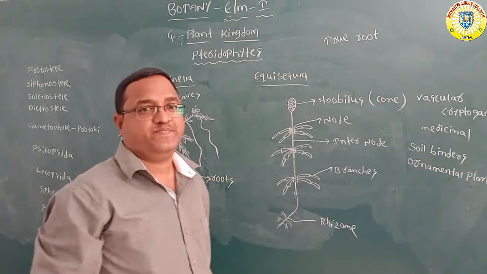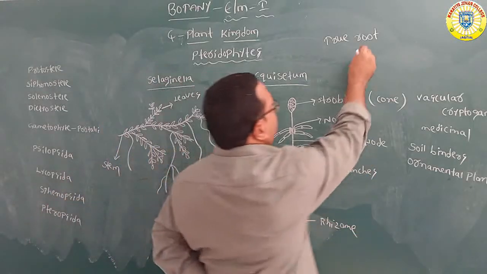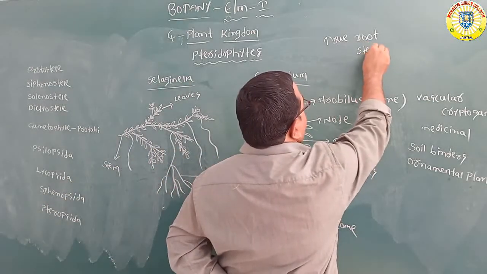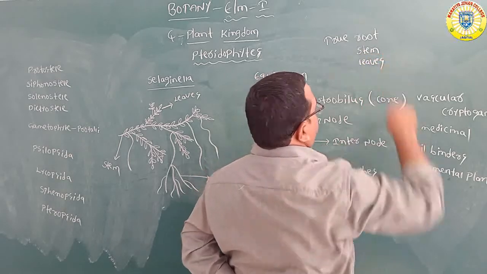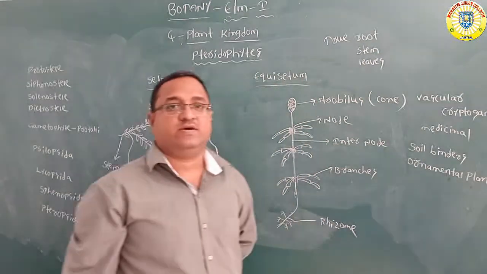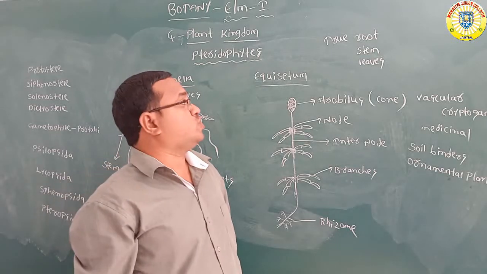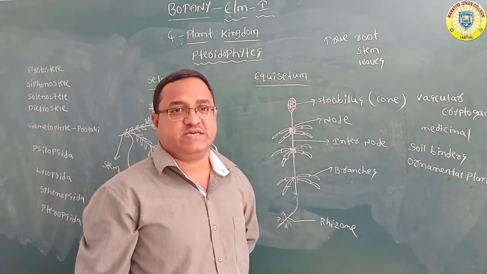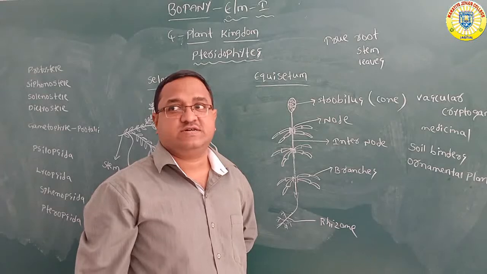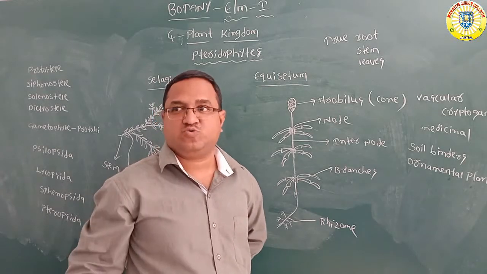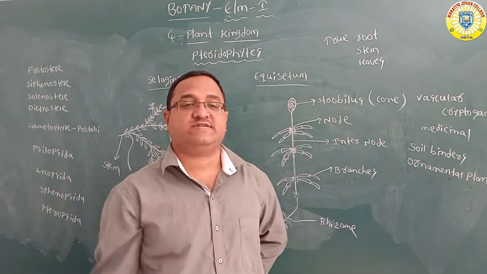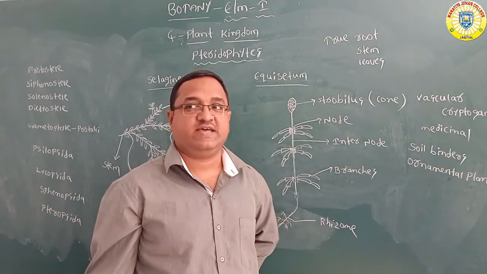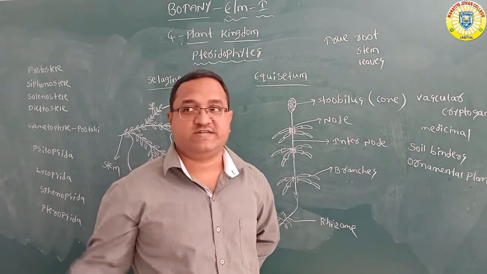True roots are there, a true stem is there, and true leaves are also there. True root, true stem, true leaves we can see clearly in these pteridophytes.